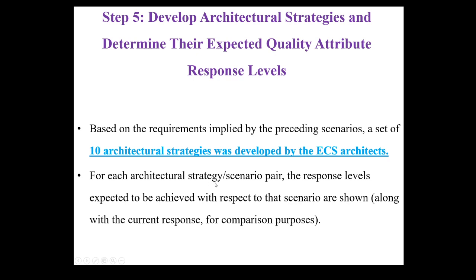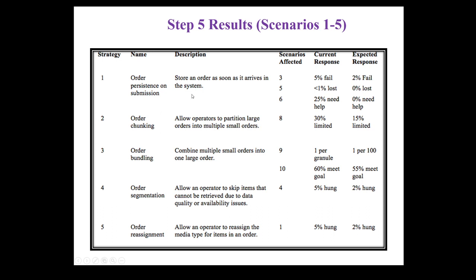For each architectural strategy-scenario pair, the response levels expected to be achieved with respect to that scenario are shown. So this is the strategy. Here you can see the name of the strategy, the description of the strategy, the scenarios which are affected by this strategy, and the current response and expected response.